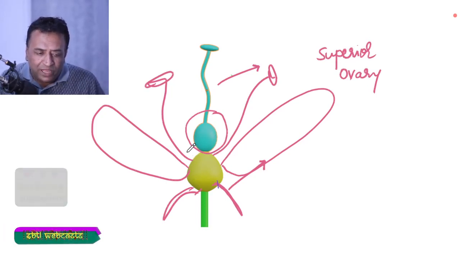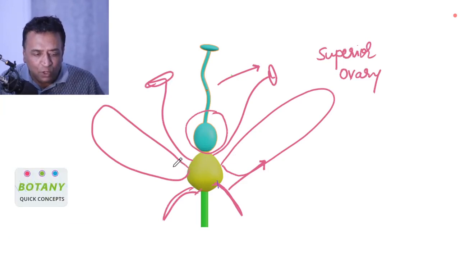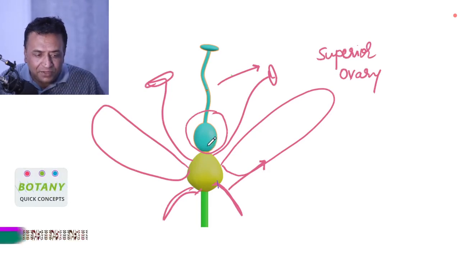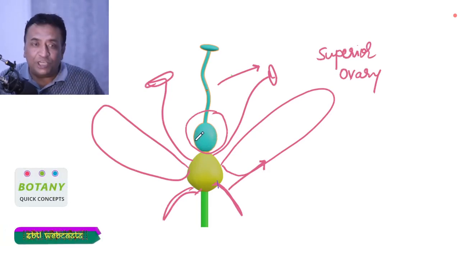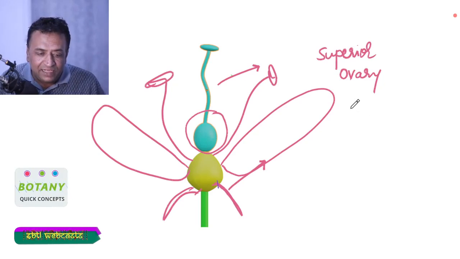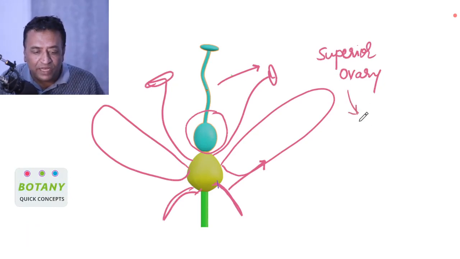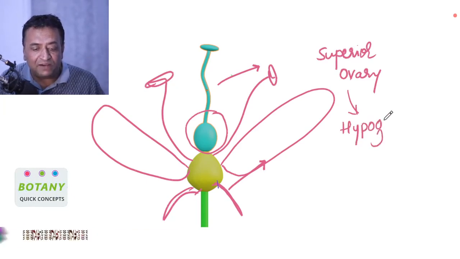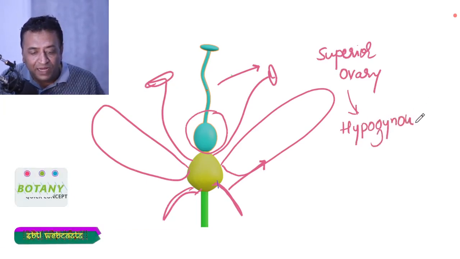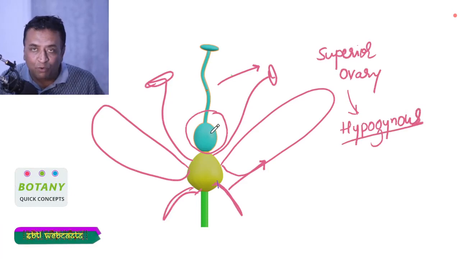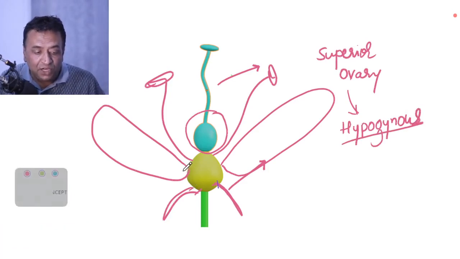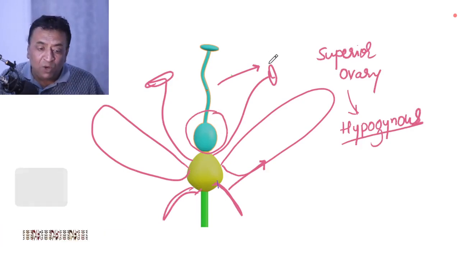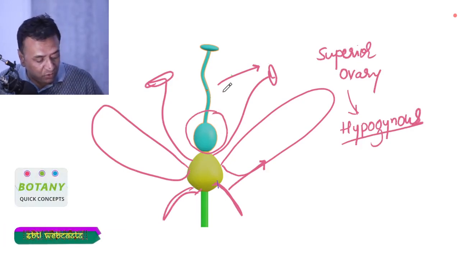As the other floral whorls, means calyx, corolla, androecium, arise below the gynoecium, that is why this flower having superior ovary is called hypogynous flower. Hypogynous flowers have superior ovary. Calyx, corolla, and androecium are located below the level of this superior ovary.